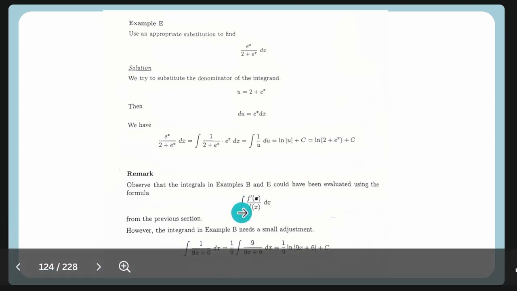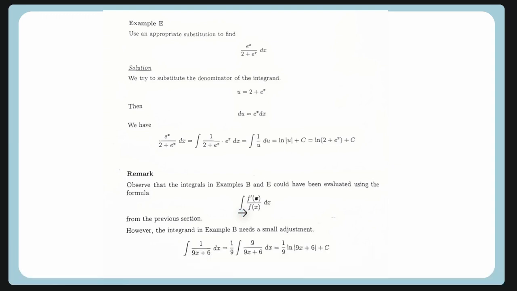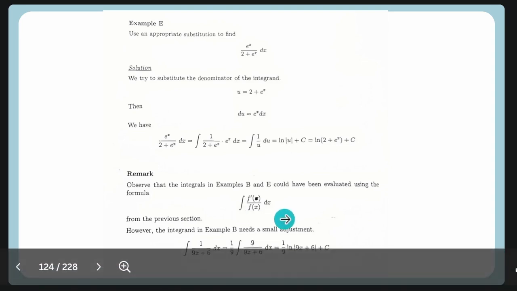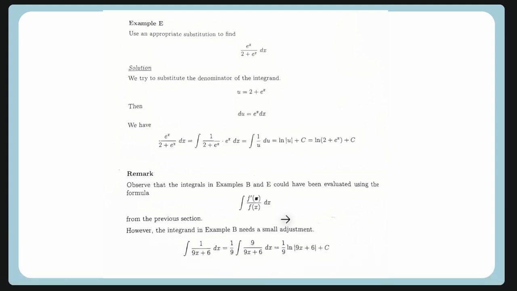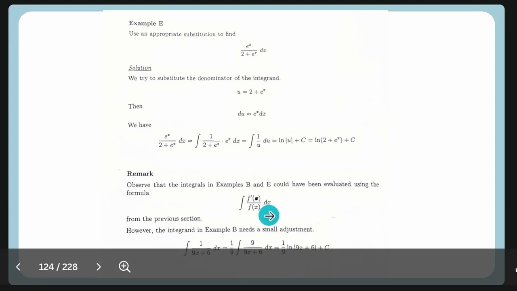We have a small remark. We need to observe that the integrals in examples B and E could have been evaluated using the formula for the integral of the derivative of f of x over f of x dx, which can be simply integrated using the formula that we already know.